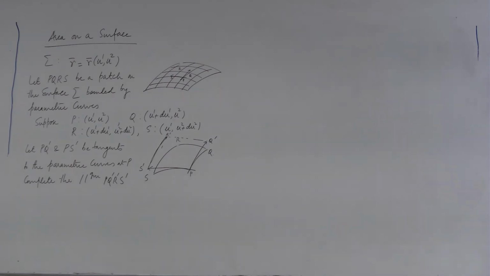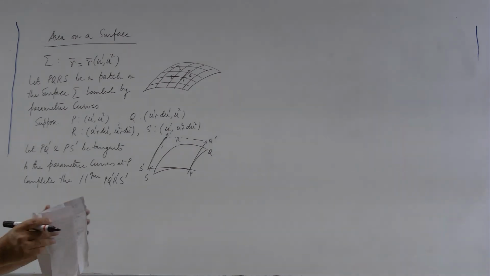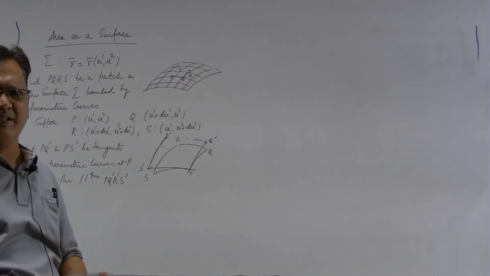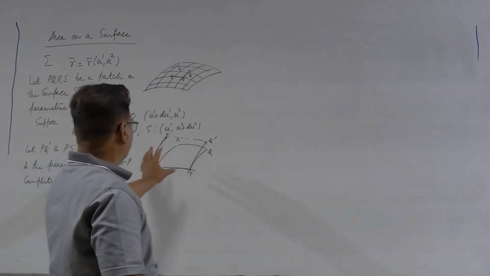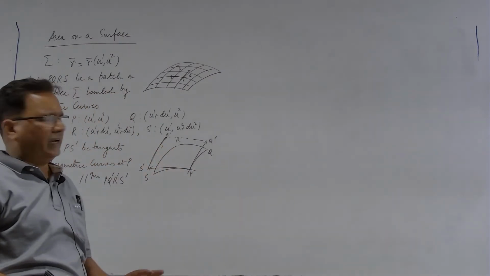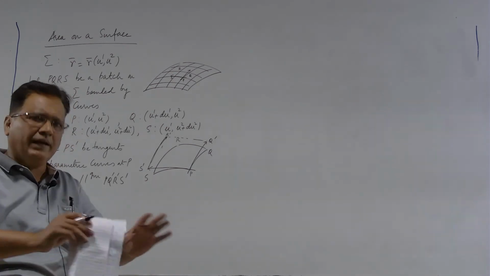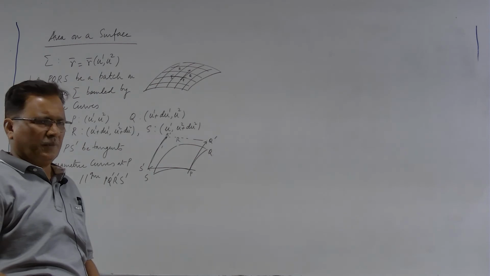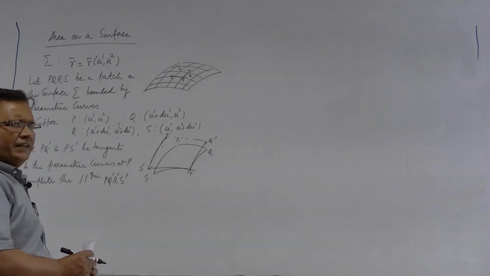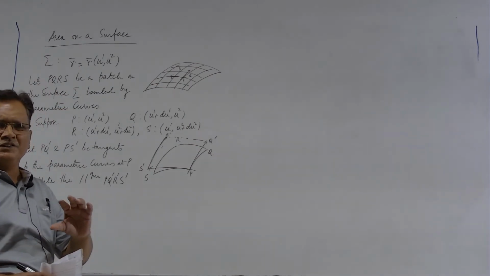Now, when the parametric curves are chosen very close to each other, the area of the parallelogram P Q dash R dash S dash will be the same as the area of the patch P Q R S. So, in the limiting case, these two areas must be the same.